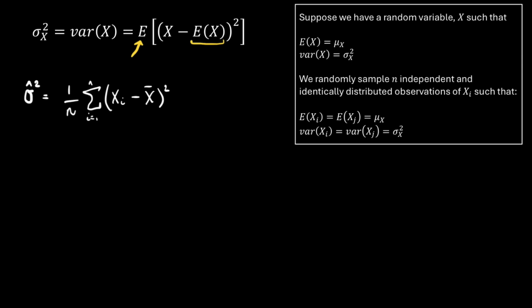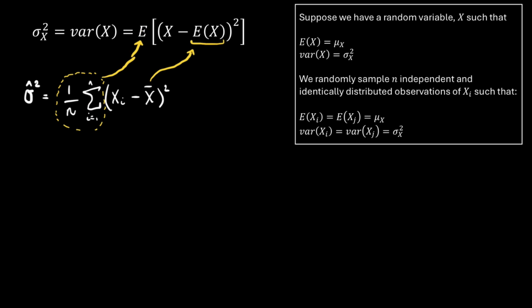And the reason that this is a suggested estimator is we know that the sample mean, x bar, is an unbiased estimator of the expected value of x. We also know that the sample mean is constructed by adding up all of the observations and dividing by n, and that's effectively equivalent to thinking about this as being a bit like an estimator for this expectation.